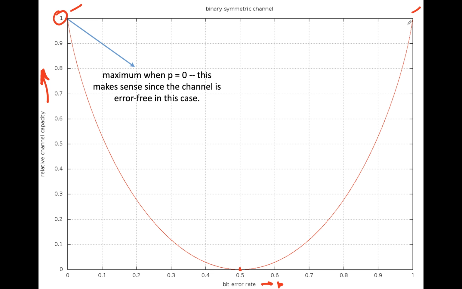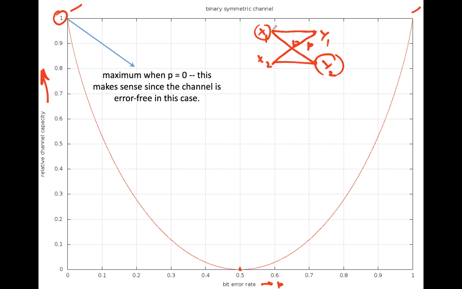So when P equal to 0, the capacity is maximum. This makes sense since the channel is error free in this case. If you recall the binary symmetric channel, this crossover probability is P. So you are transmitting x1 and getting y2, and similarly when you are transmitting x2 and getting y1, the crossover probability is P. So P equal to 0 means you're transmitting x1 and you are getting y1.